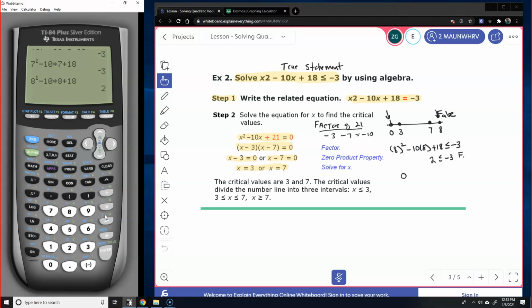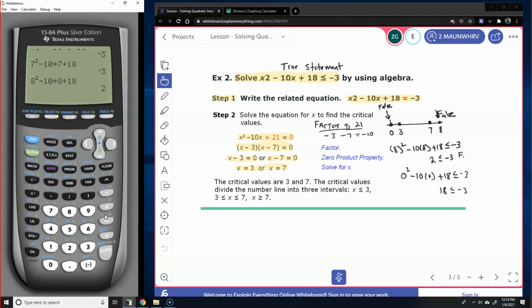So we have 0 squared minus 10 times 0 plus 18. 0 squared minus 10 times 0 is 0, so is 18 less than or equal to negative 3? That would be false. So obviously the answer has to be between 3 and 7.